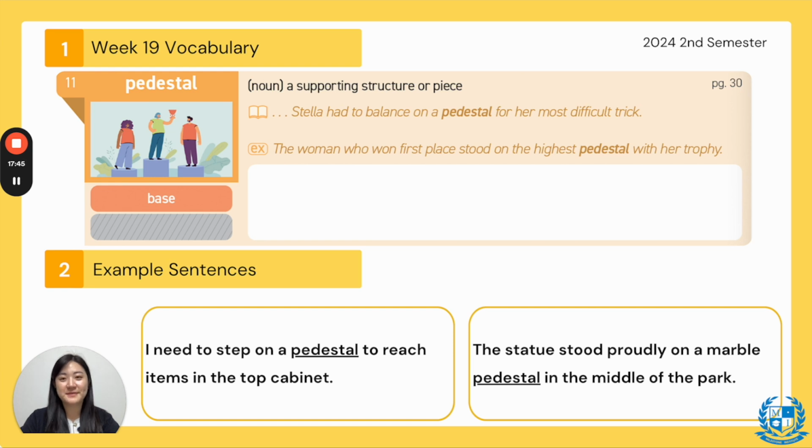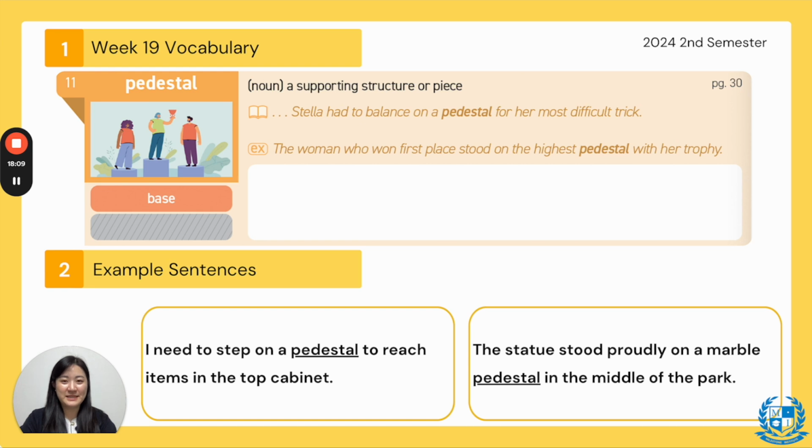In our book, it says, Stella had to balance on a pedestal for her most difficult trick. So imagine a pedestal like a little step, and Stella is an elephant if you did not read yet. Stella had to balance on it. And it's very hard for a big elephant to balance on one little pedestal.